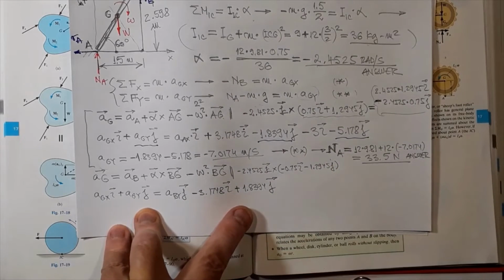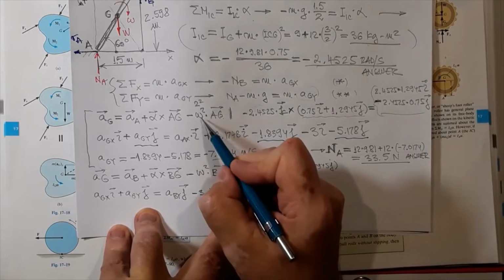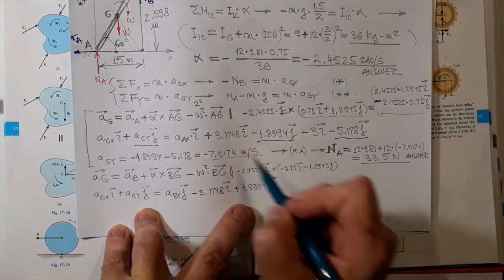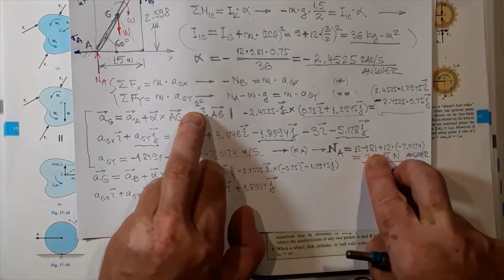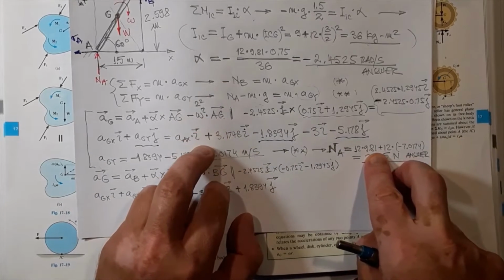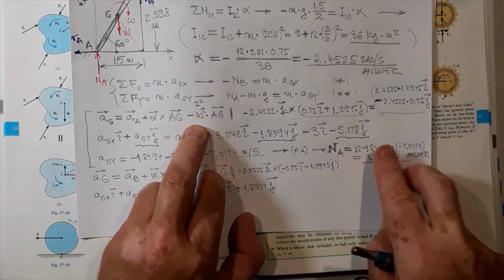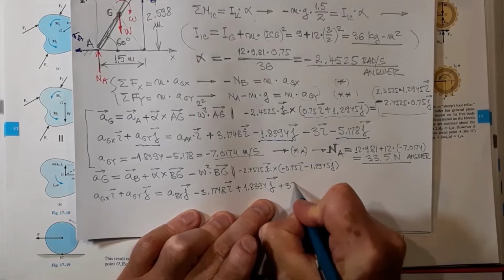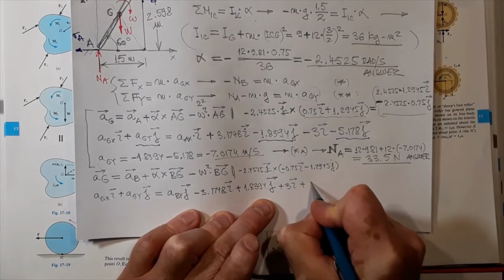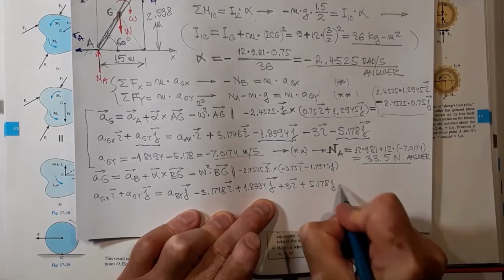Okay, and then I have the omega squared times AG, and same story. So I have AG is negative BG. So this sequence, I'm going to flip signs. So it'll be plus 3 i plus 5.178 j.